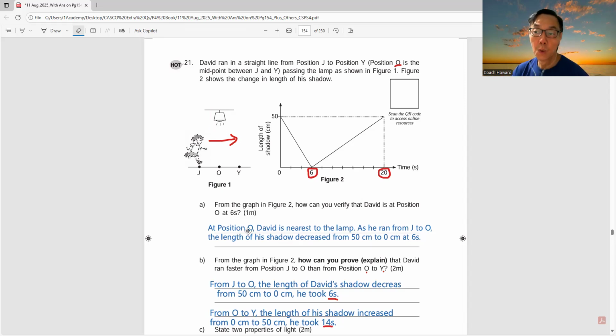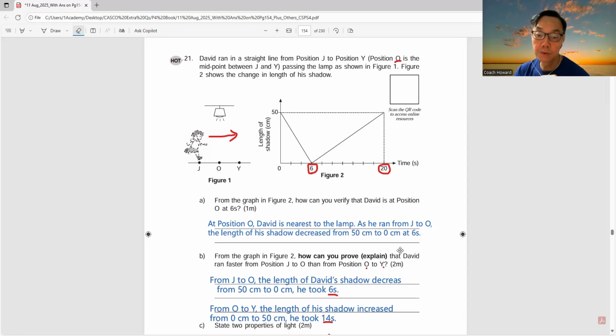So at position O, David is nearest to the lamp. As he ran from J to O, the length of his shadow decreased from 50 centimeters to 0 centimeters at 6 seconds. So we can verify that David is at position O at 6 seconds because the graph shows that at 6 seconds, the length of his shadow is the shortest, which is 0 centimeters.